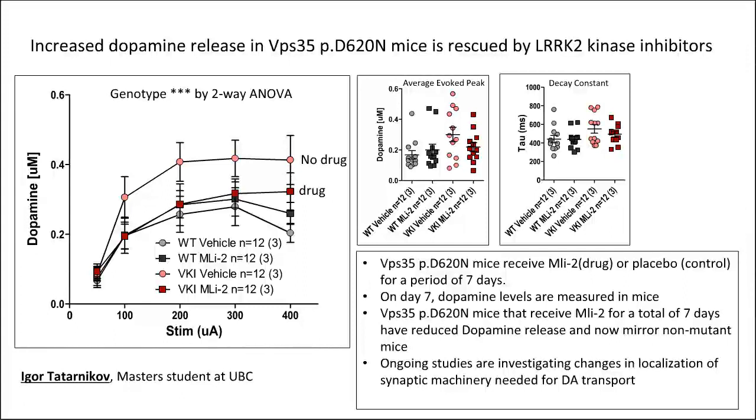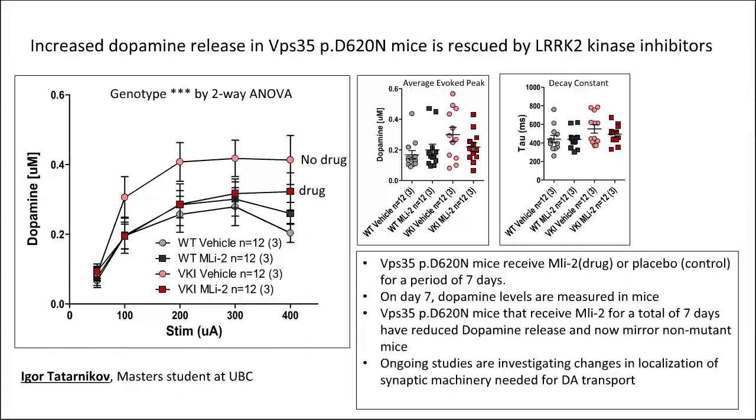We can see that between the no drug and the drug, there's almost about 50%, 80% reduction in the total amount of dopamine that's being released. And that's really, really interesting to us, because it speaks to the importance of another protein that Emil has already alluded to, LRRK2, in regulating these phenotypes.